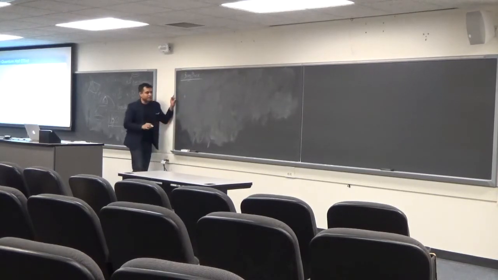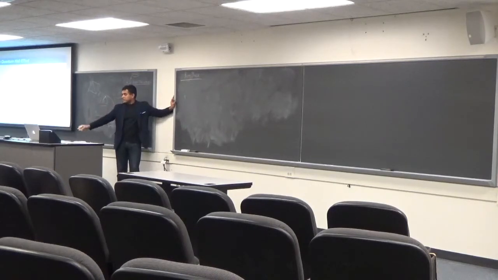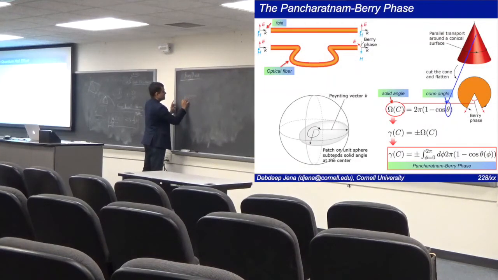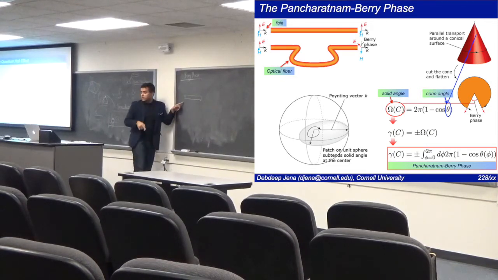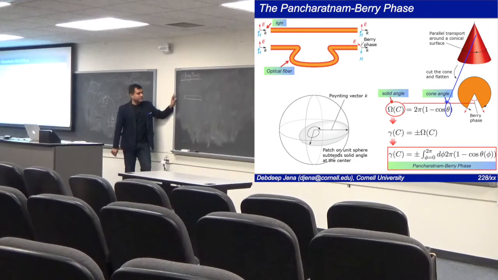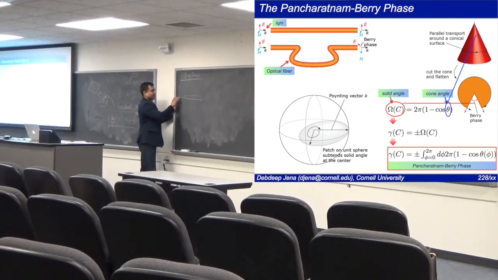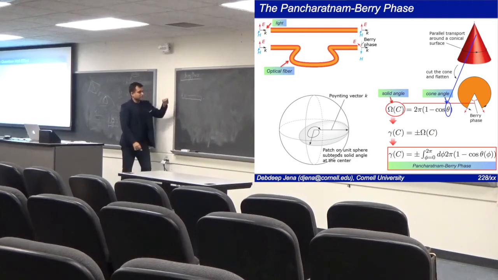just an optical waveguide or an optical fiber, and you shine a laser into it, and the mode of the laser is such that there's only one mode that goes through this. So light comes in here, gets out here, things are all fine. When light goes that way, its momentum, or the Poynting vector, is pointing in that direction.